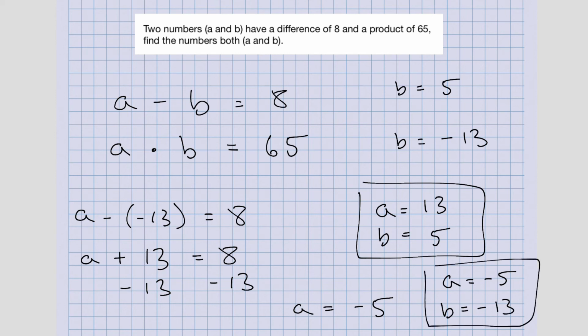So there it is. Those are the two answers: a equals 13, b equals 5, and a equals negative 5, b equals negative 13. Let's plug both of these solutions back into our given parameters and see that everything works out.